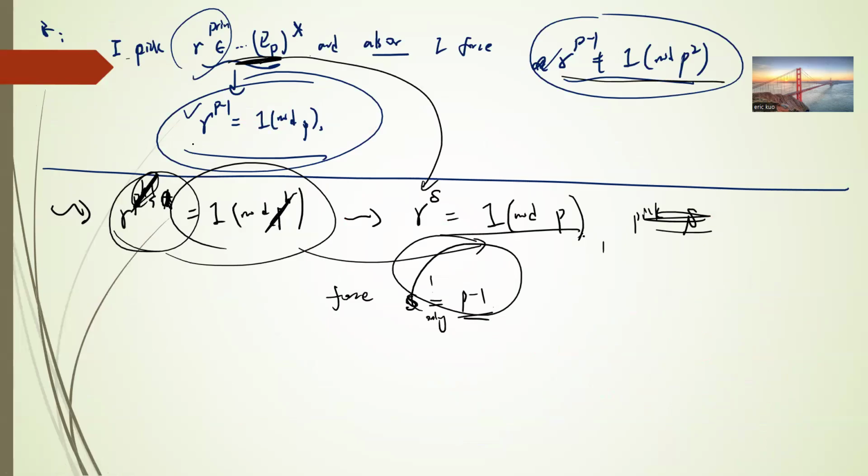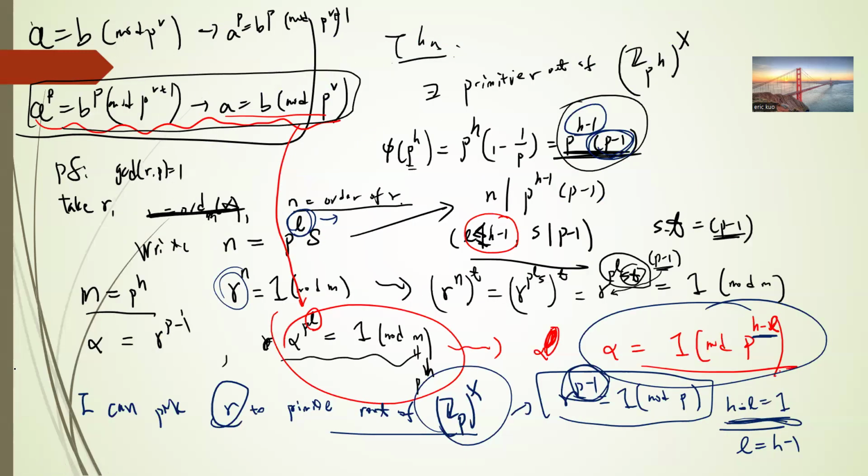Basically this proof just shows that if you satisfy this one and the second one, then you use the split theorem, and this will force that R is also a primitive root of P^alpha. And the proof basically goes as I just did.